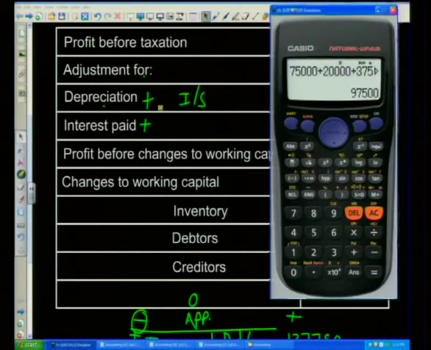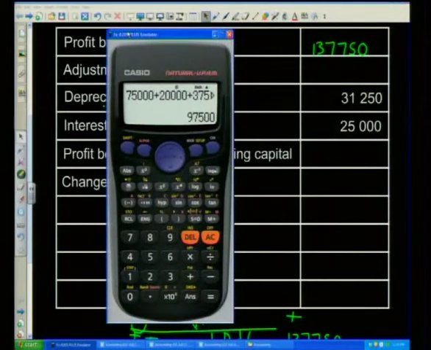Let's just move this a bit so we can add. Okay, so I'm adding 1,377.50. Oh, made a mistake there. 50, and I'm adding on 31,250.